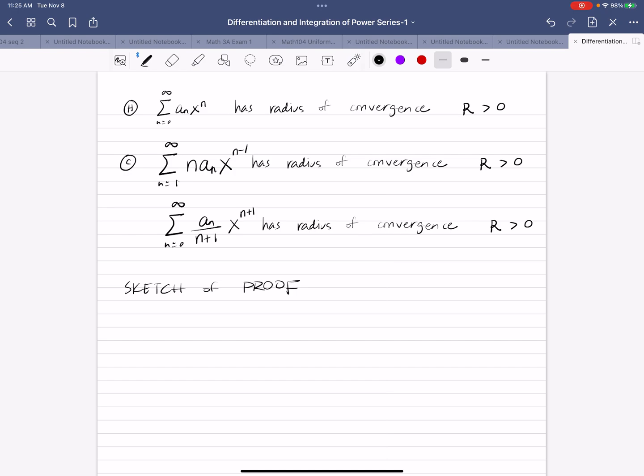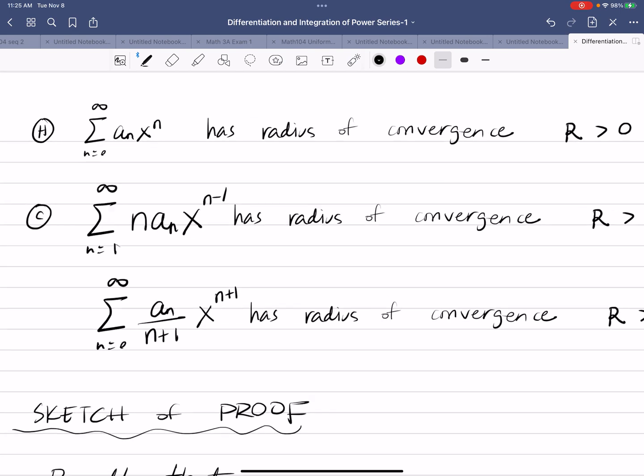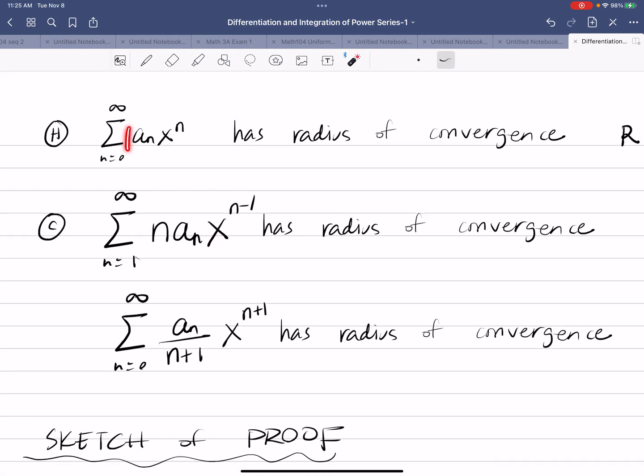We basically need to go back to, well, not our definition, we need to go back to the formula for the radius of convergence for a power series. So I will say, recall that R must be equal to 1 over the lim sup of the nth root of the absolute value of a sub n, right?